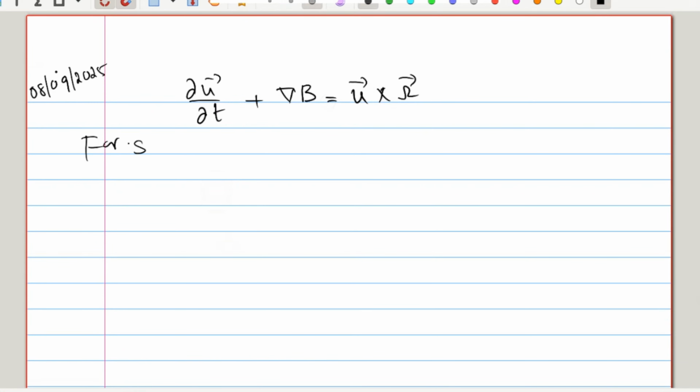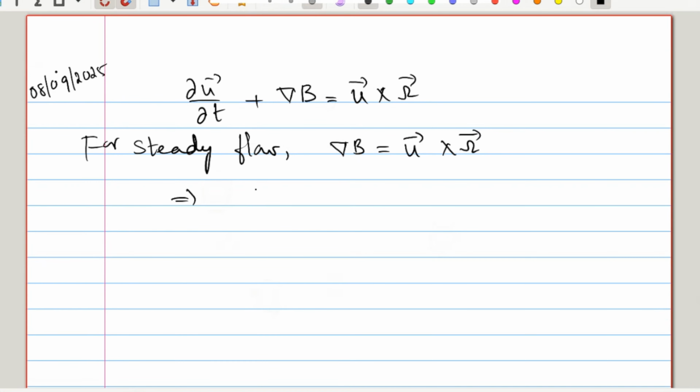For steady flow, there is no time dependence, so grad B is equal to u bar cross omega bar. Now I can make a dot product with either u bar or omega bar.